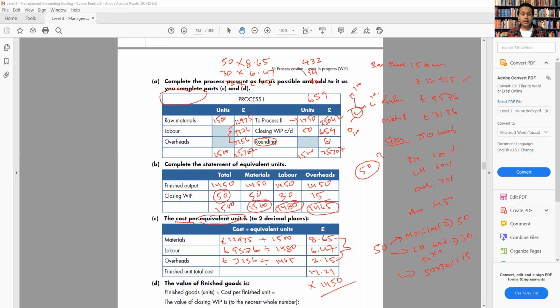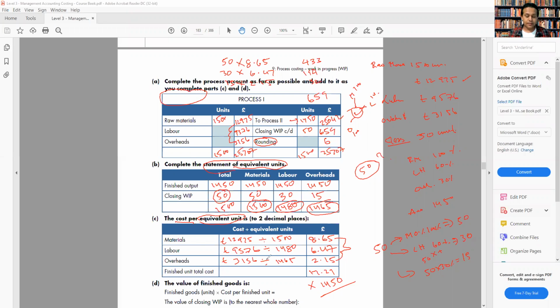So you can see few steps are involved to complete the process costing. So first you need to identify what is the portion of the completion for the closing inventory. Then you have to split it based on the question mentioned. After that, we have to find the cost per equivalent unit. So you have to find how much is the equivalent unit from this table.